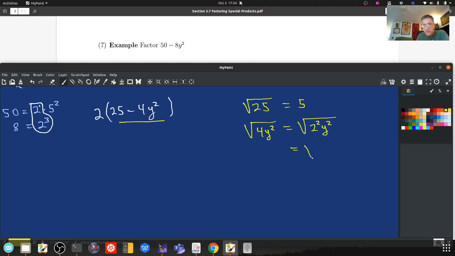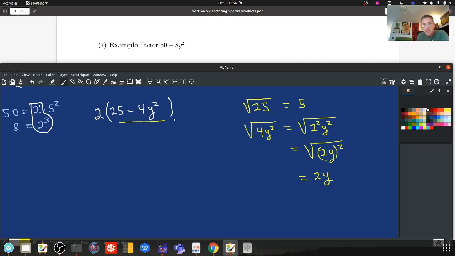So this is equal to the square root of (2y) squared. So since that's the product of two factors squared, I can literally just remove the square root, so that's equal to 2y. So the radical sign has disappeared.